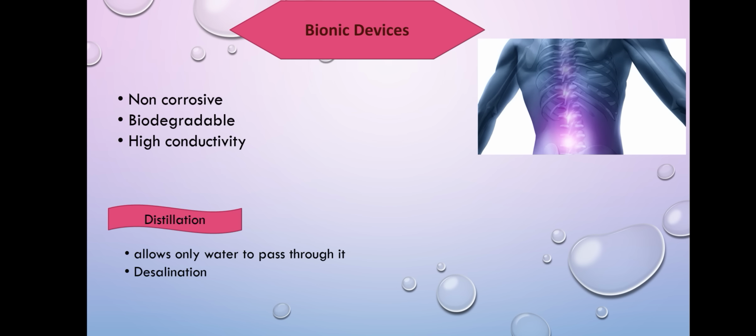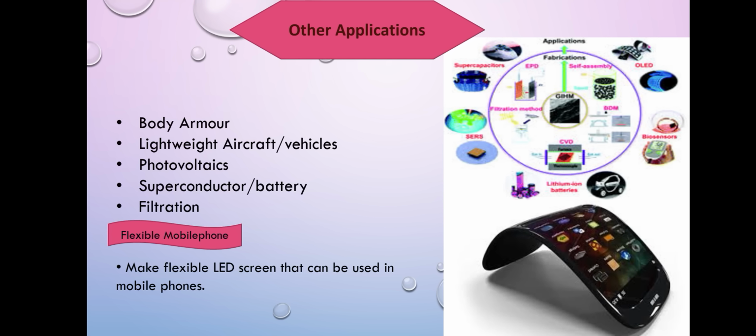Here is the bionic device, which also uses graphene: non-chronic, biodegradable and highly conductive. Distillation allows only water to pass through it. Desalination. Other applications include body armor, lightweight aircraft, vehicles, photovoltaics, superconductors, battery, filtration.